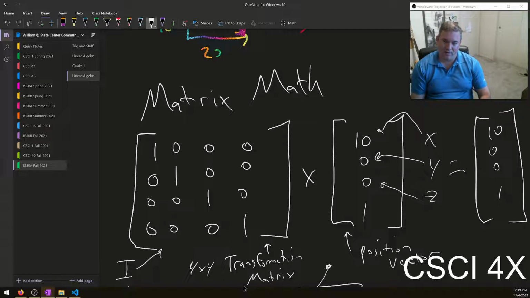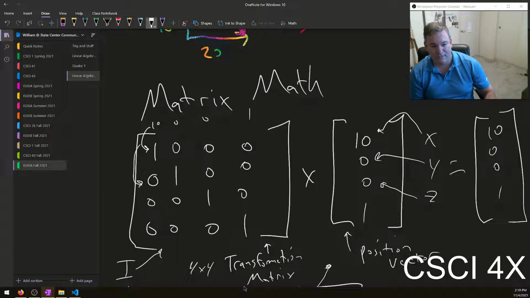So how do we do it? How do we multiply a matrix and a vector like this? Well, what you do is you take this vector here and you turn it sideways, and I'm just going to write it kind of above here, 10, 0, 0, 1. And you multiply 10 times 1, 10 times 0, 10 times 0, 10 times 0.